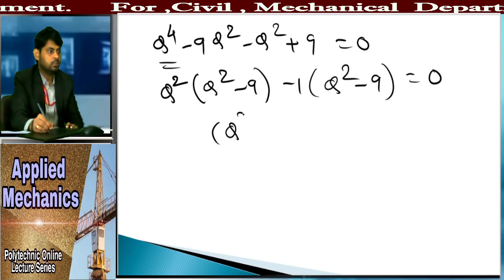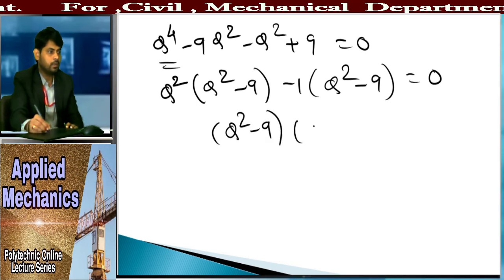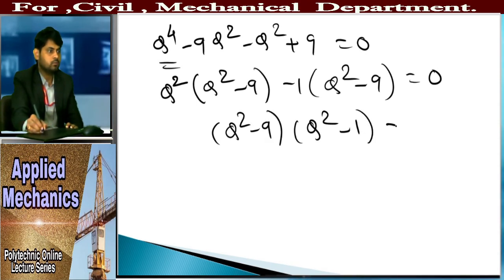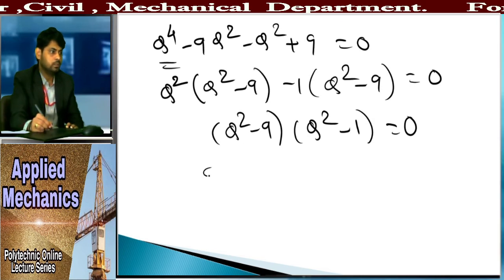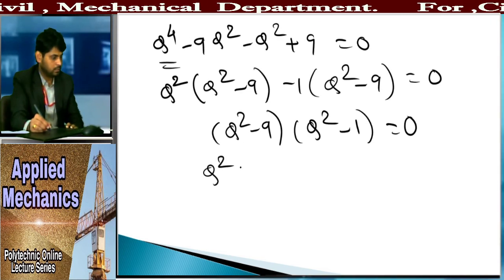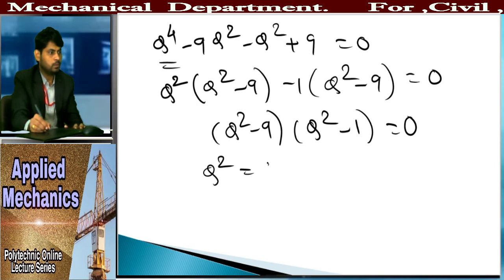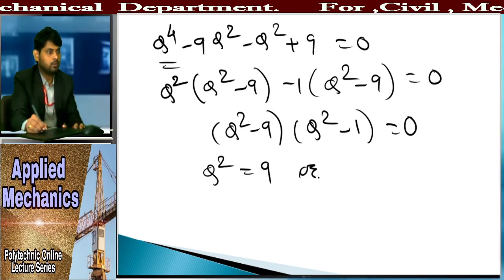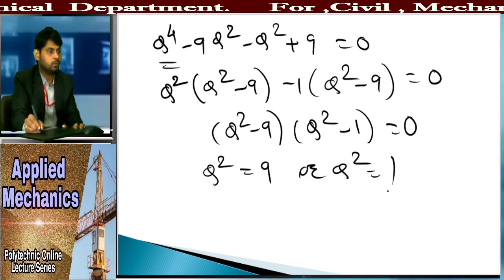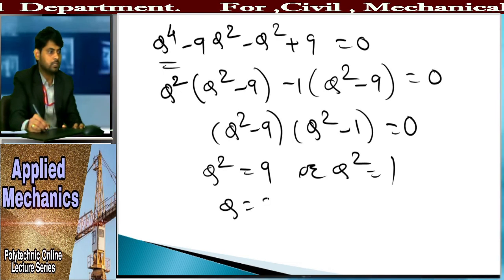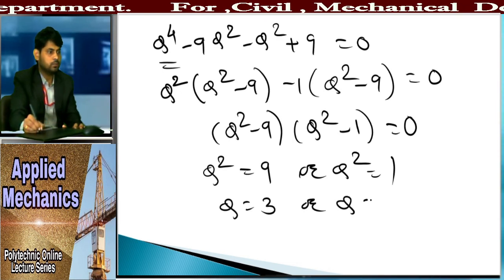So q square minus 9 common, and here q square minus 1 is equal to 0. Then q square is equal to 9 or q square is equal to 1. So q is nothing but 3 or q is nothing but 1.